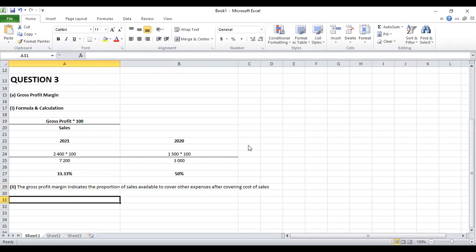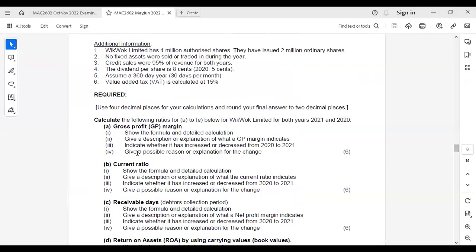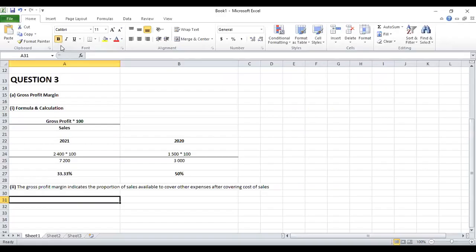Right, then number 3, it says indicate whether it is increased or decreased. Now, as we can see, it decreased from 50% to 33%.